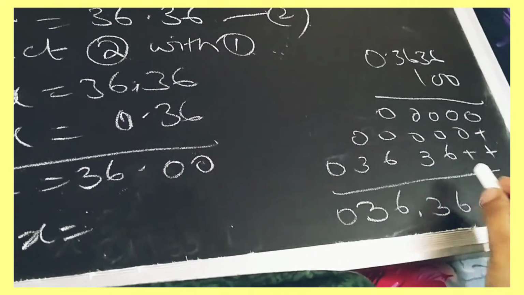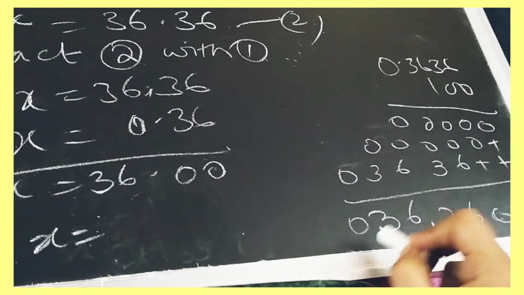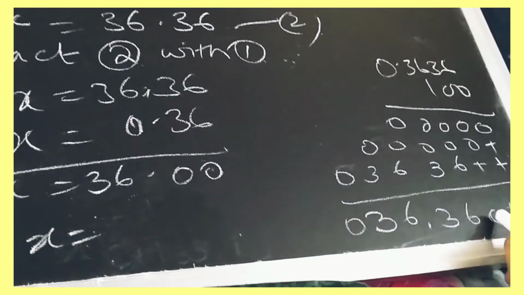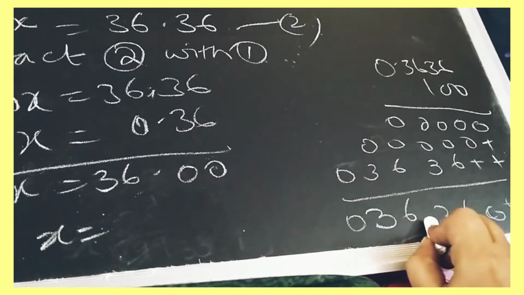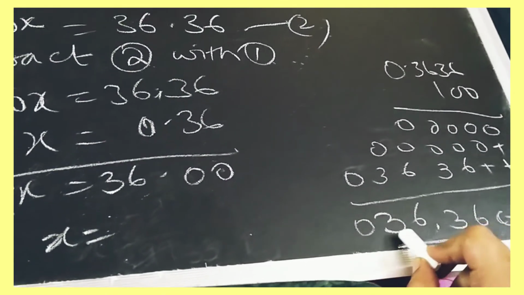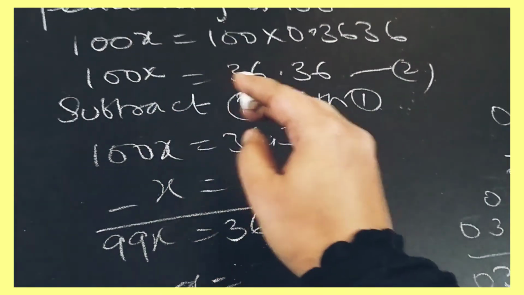So here 0 0 6 3 6 3 0. So 1 2 3 4. So here we have to take point. It is 36.36. So 100x is equals to 36.36.